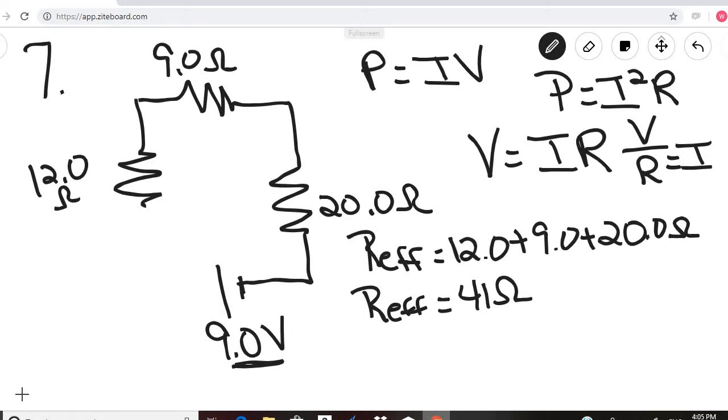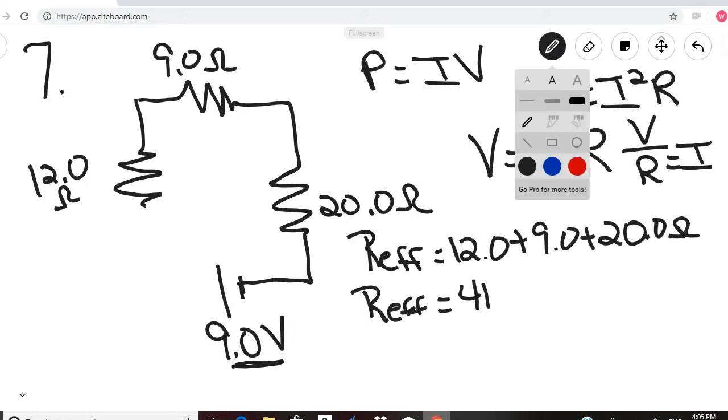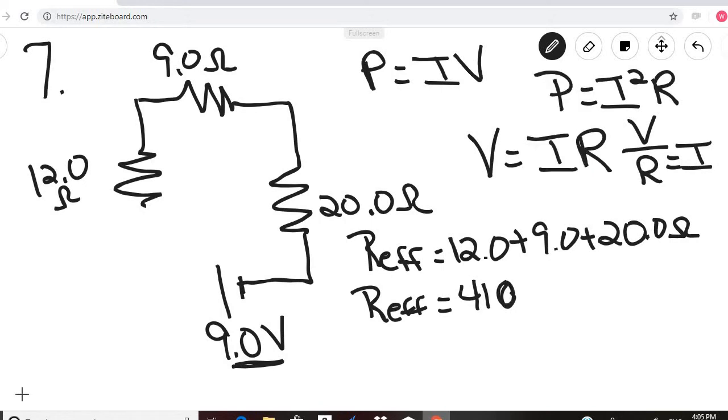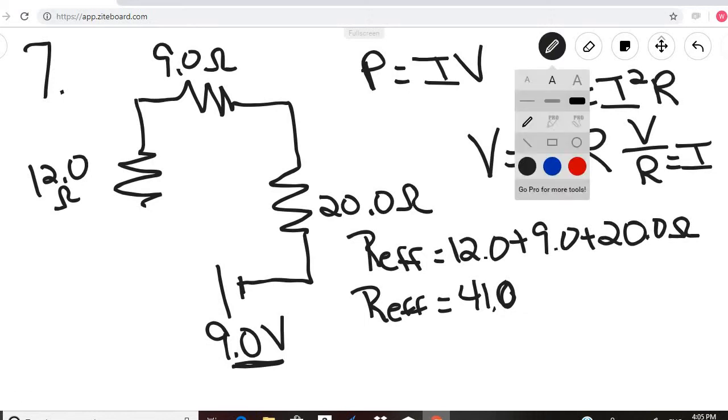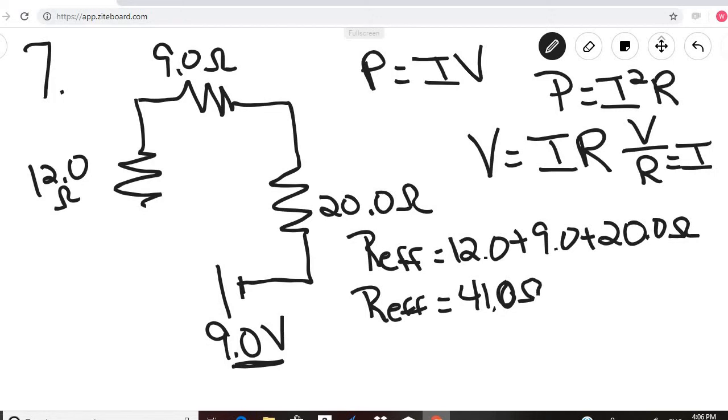Actually I guess we want to go out to the tenths place there. So I guess it would be 41.0 ohms because we added those. Okay, so that's the R effective. So then we can use that to get I.